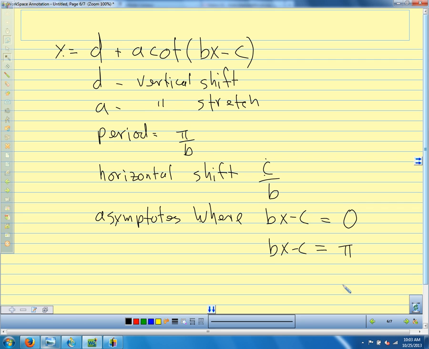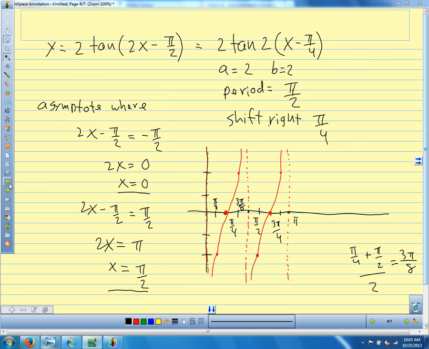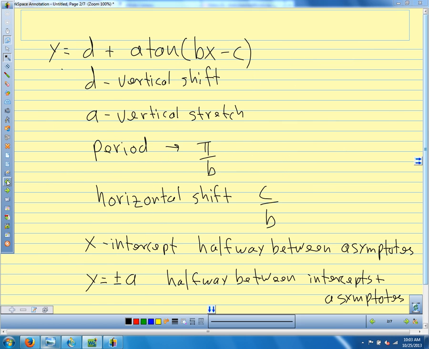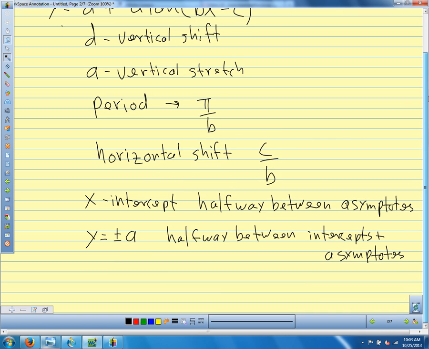For our tangent function, we set bx minus c equal to negative pi over 2 and positive pi over 2. Did we write that on our page? You might want to add that to this page, asymptotes, if you have room where you wrote this.